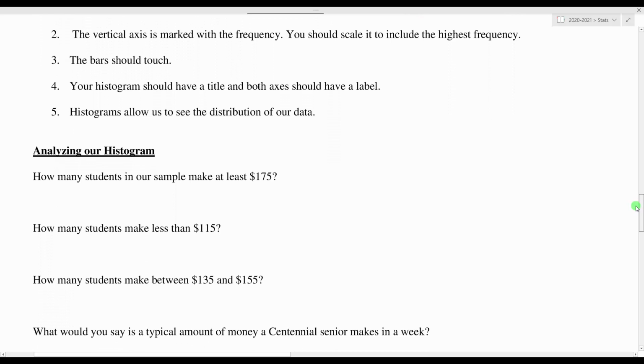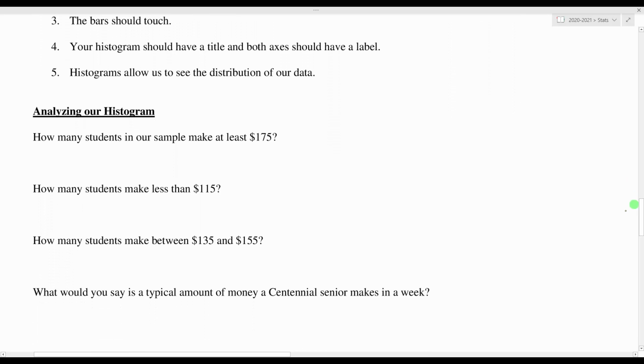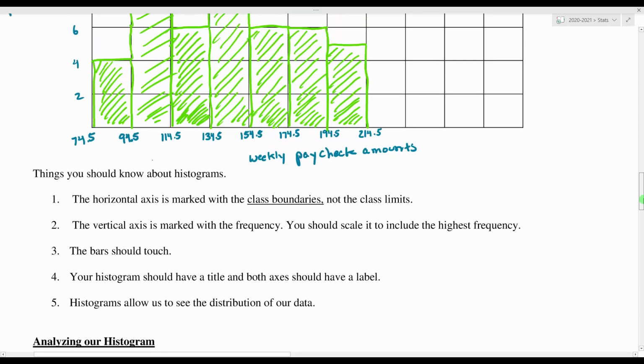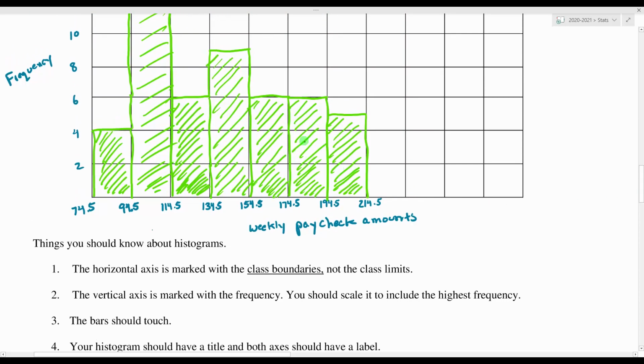All right, so let's do a little bit of analyzing of our histogram, right? So some of the questions that we can answer just by looking at a histogram. So we can say, okay, well, how many students in our sample make at least $175? Right, so I'd go up to my histogram here and I'd say, okay, 175 starts here with this class, right? So this is 174.5, which is the class boundary for the class that starts at 175, all right?